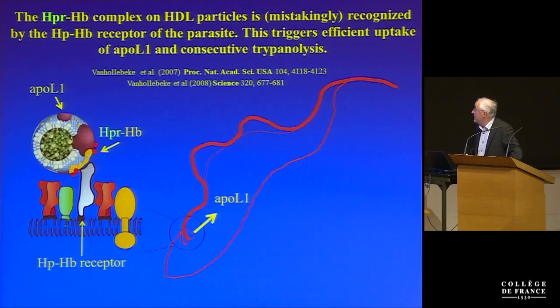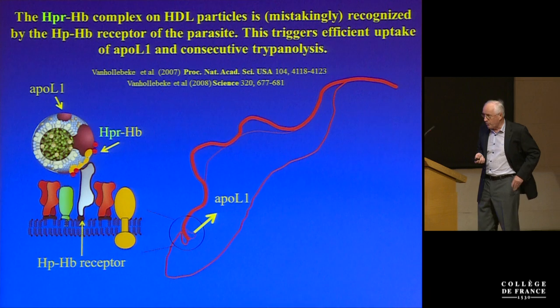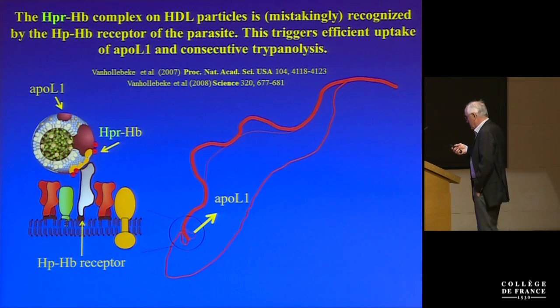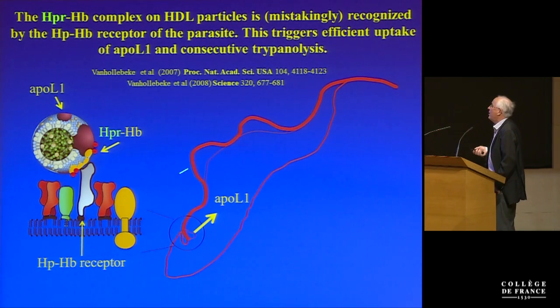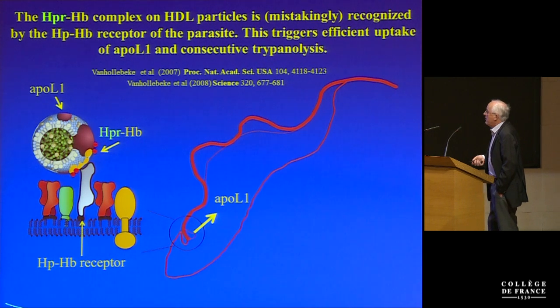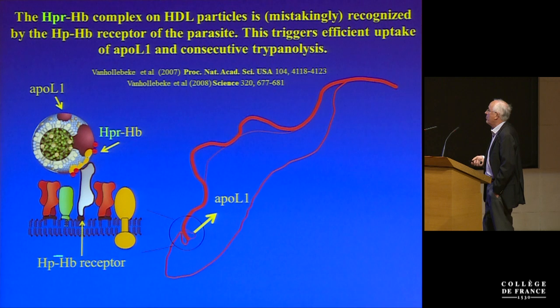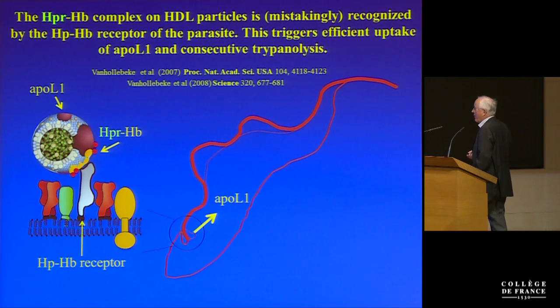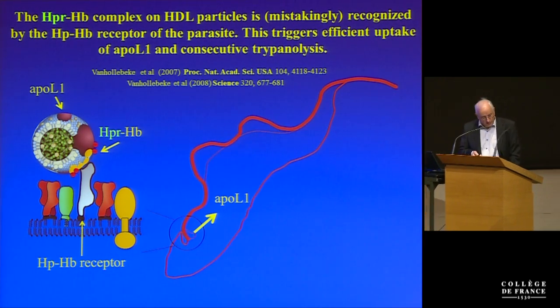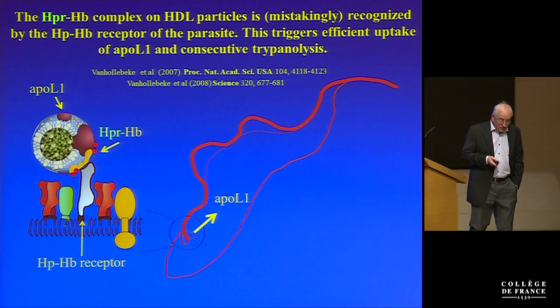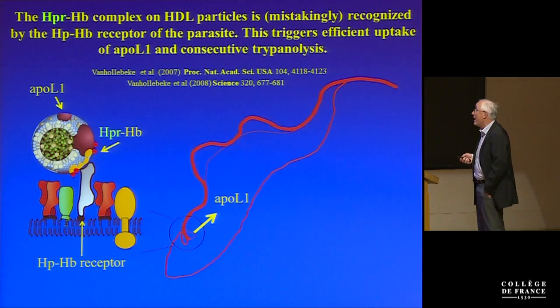At the end of the day, to our full surprise, we realized that African trypanosomes actually possess a receptor for the HP-HB complex, the haptoglobin-hemoglobin complex. And the reason for the presence of this receptor in trypanosomes is simply that it's good for the parasite to have the receptor. Why?